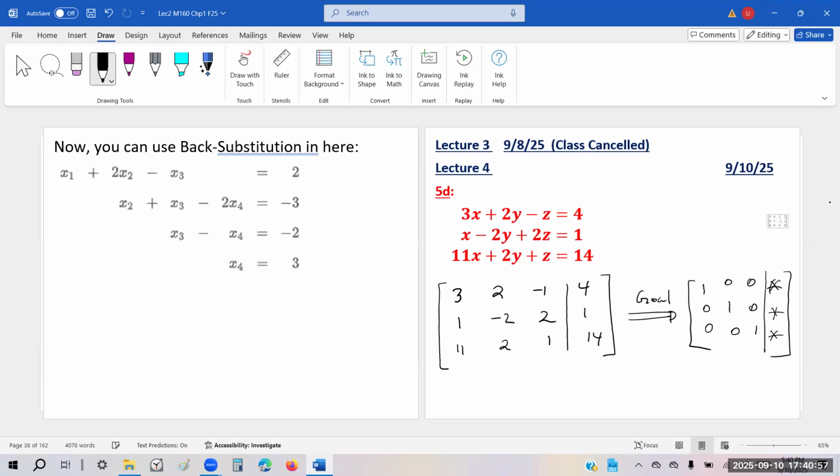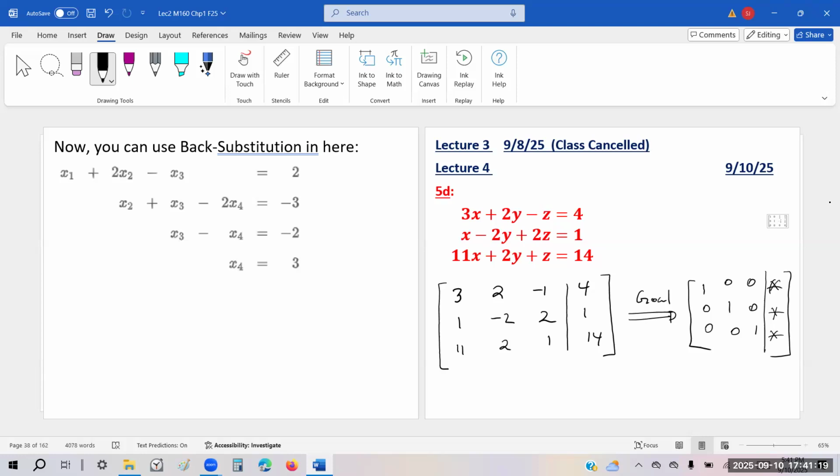This is our goal. That means we want 1 here instead of 3. We want 0, 0 here. So when we reduce our augmented matrix, we should go column-wise, then it will be easier.